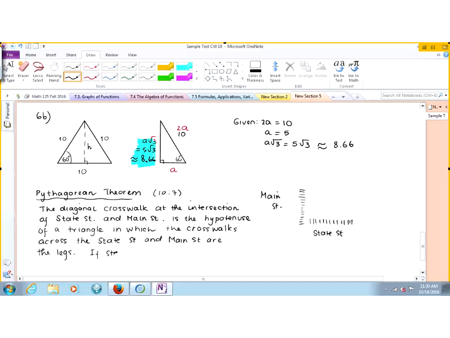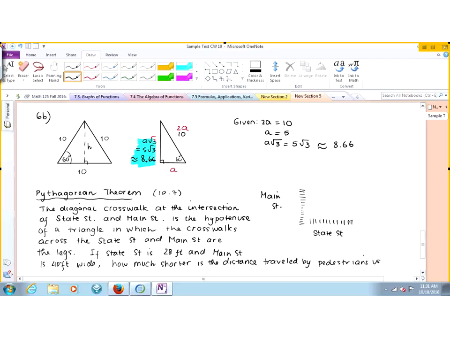If State Street is 28 feet and Main Street is 40 feet wide, how much shorter is the distance traveled by pedestrians using the diagonal crosswalk?